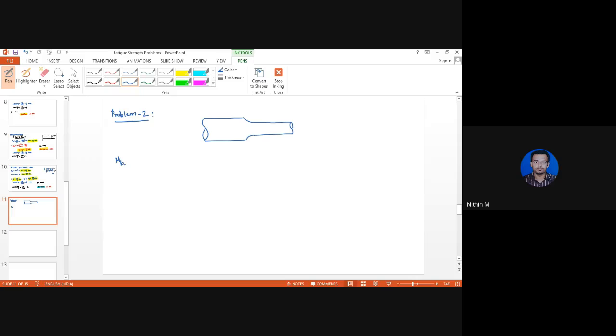Thereby the maximum bending moment in this case is 500 Newton meter, correct? And the minimum bending moment is minus 300 Newton meter.